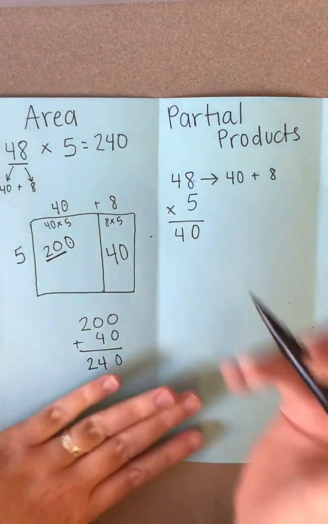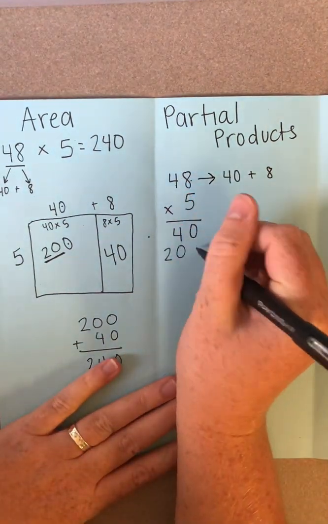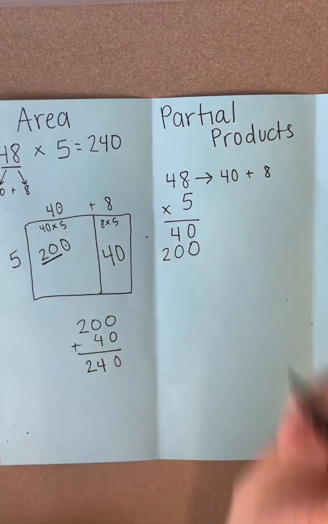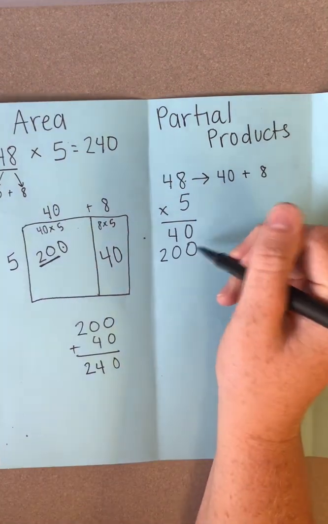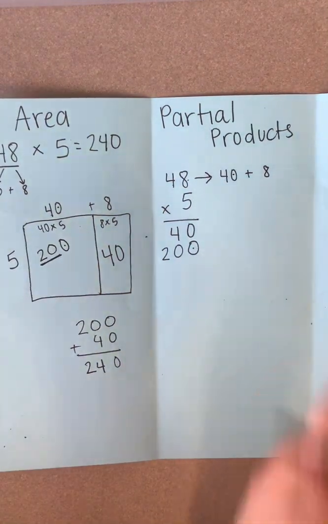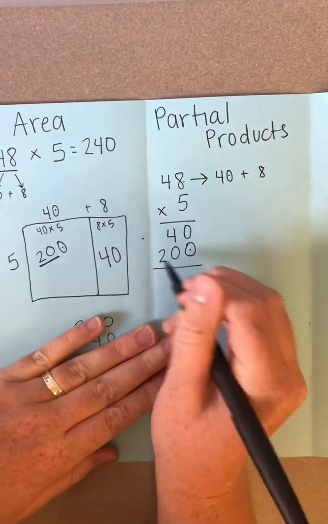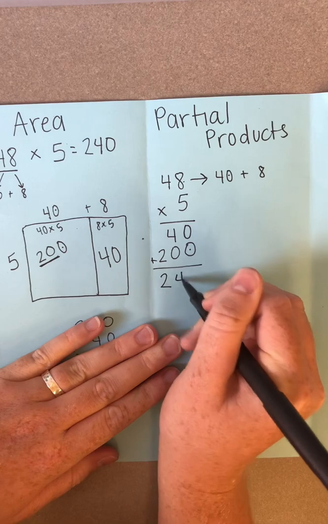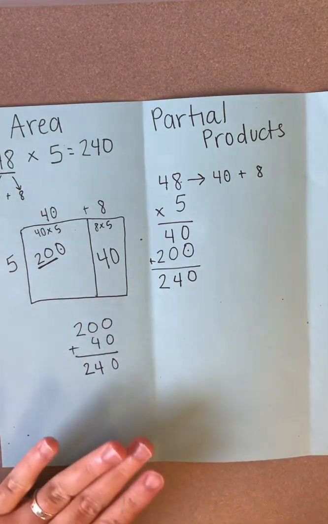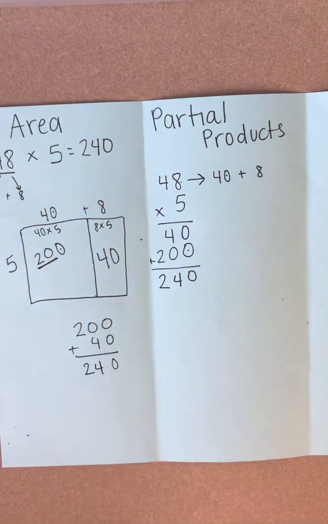And 5 times 40 was 200. You could always use that trick of putting the 0 from the 40 down first and then doing 5 times 4, giving you that 20. And then when we add that together, we can see our answer is 240. We got the same thing.